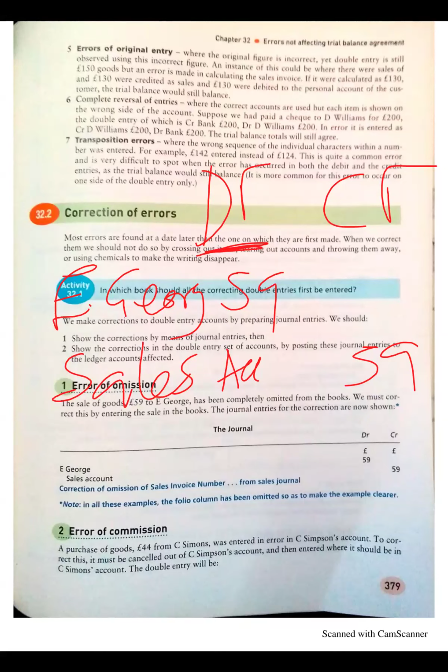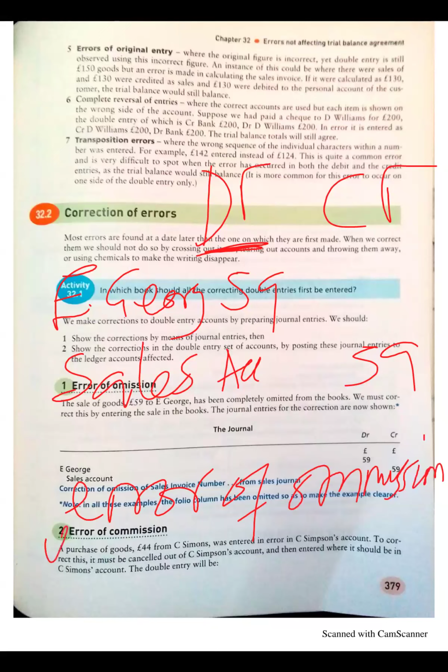Very simple. In other words, we have corrected the error of omission. Simple.